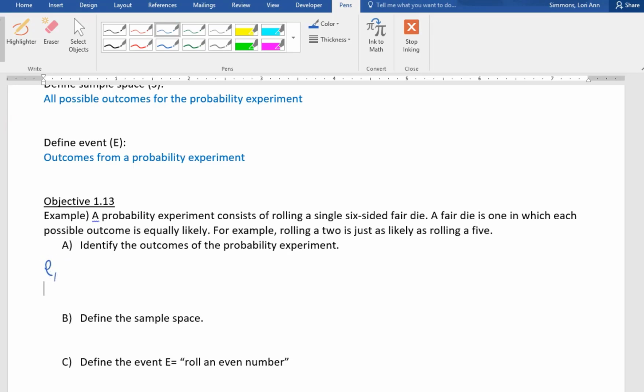So we have E sub 1 equaling rolling a 1, also denoted by braces 1. And we're going to do this for each event. So now rolling a 2, all the way up to 6.